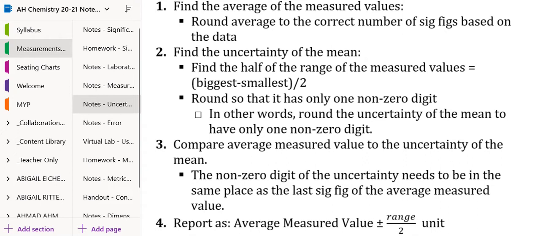So think about what we just talked about. Average value plus or minus half of range followed by the unit. And you'll see just how wordy this is. But for those of you who enjoy having more details, this will be helpful, especially when you go back and look at these notes in a few months, maybe after you've gotten out of the practice of reporting uncertainty, you'll probably appreciate having more details rather than less.